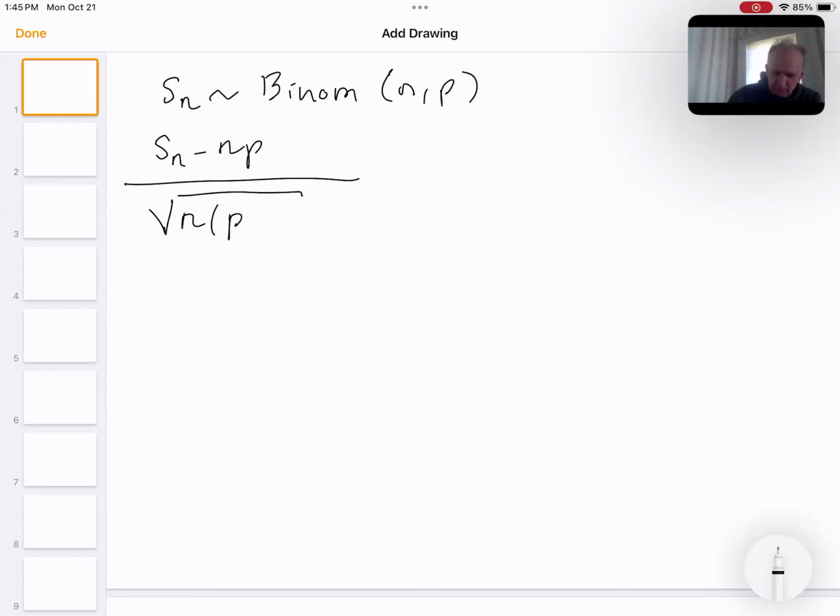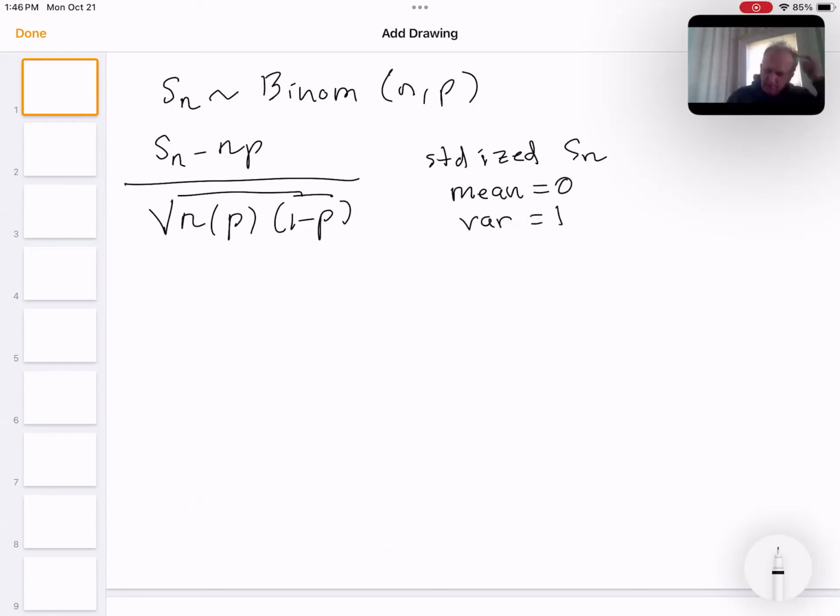I'm not going to rederive these things, but the standardized Sn is discrete, and we could say the mean is equal to 0 and the variance is equal to 1. So it makes sense that it should approach the standard normal.